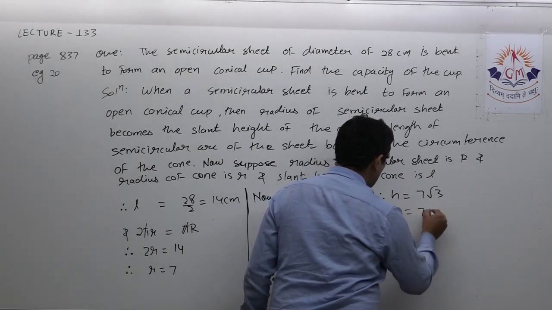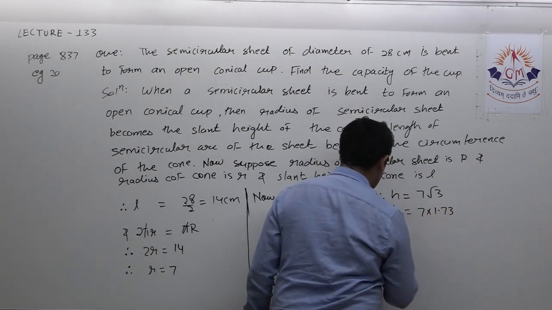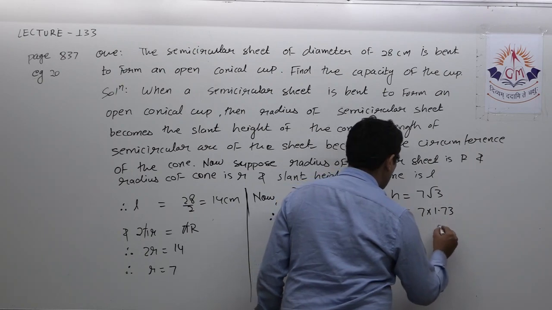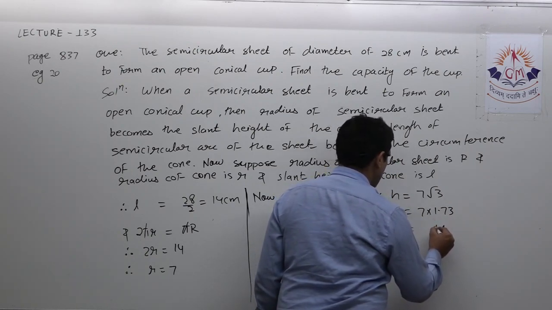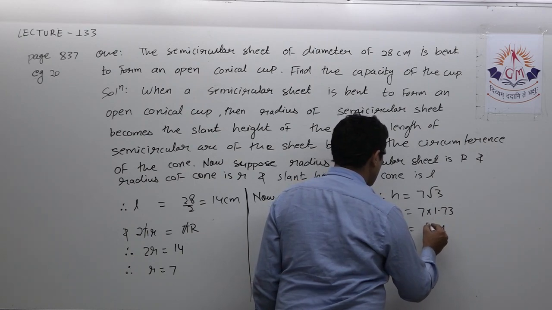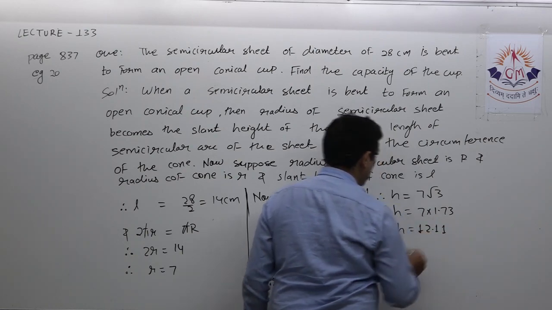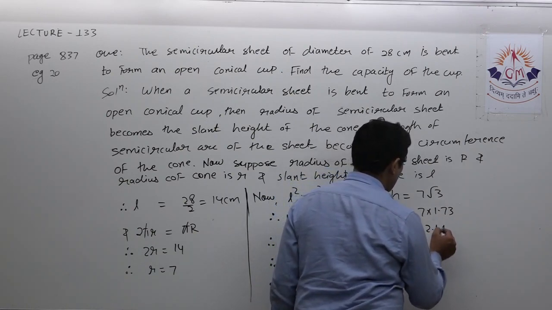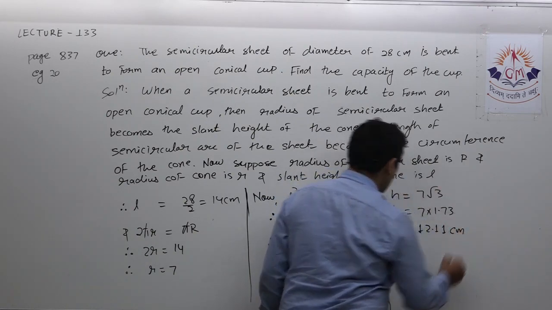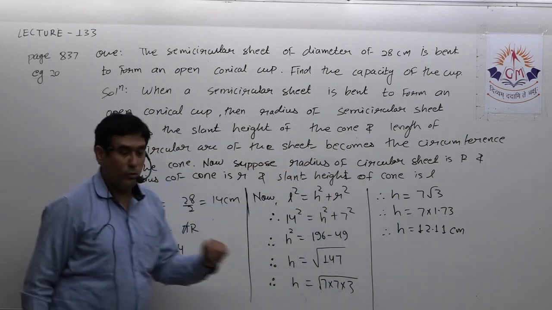If I take root 3 as 1.73, h is equal to 12.11 centimeter. This is the height of the cone so formed.